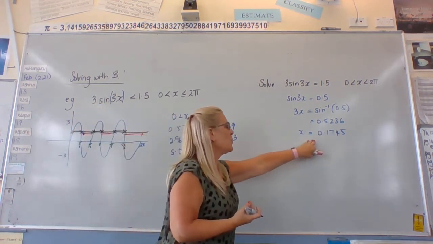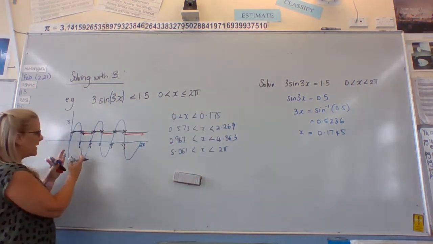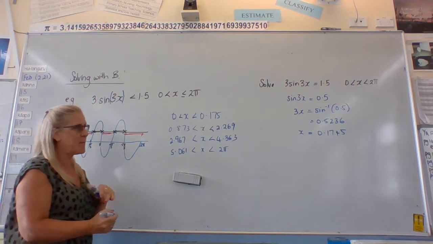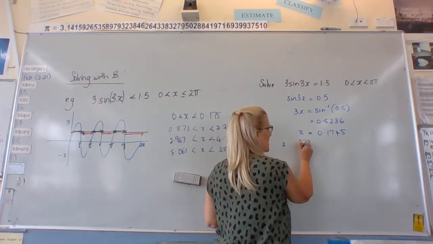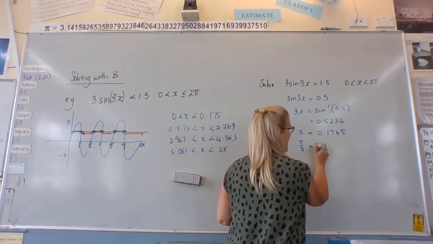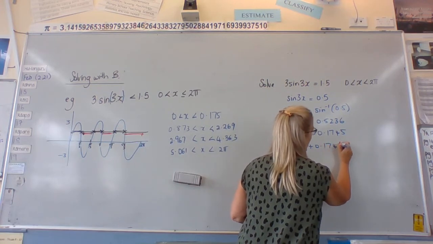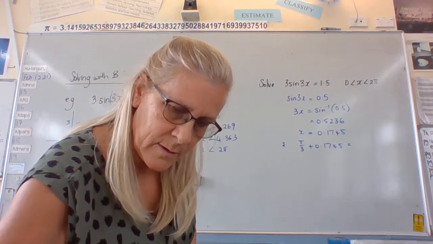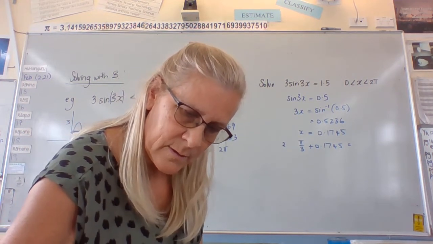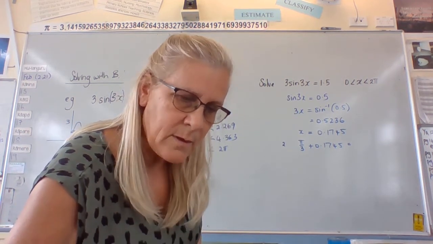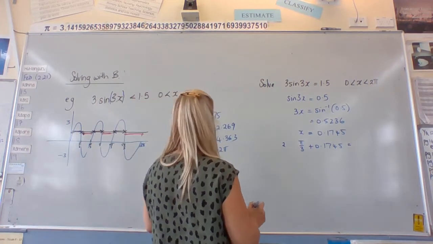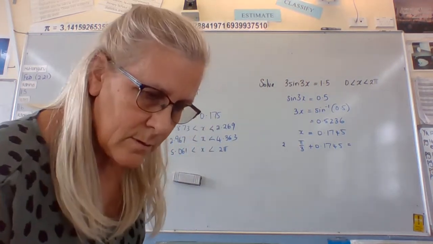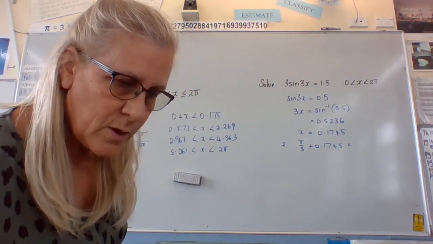So we can find more by looking at it and saying, okay, we're going to add it to π/3. So the second solution is going to be π/3 plus 0.1745. Which, funnily enough, is not right.